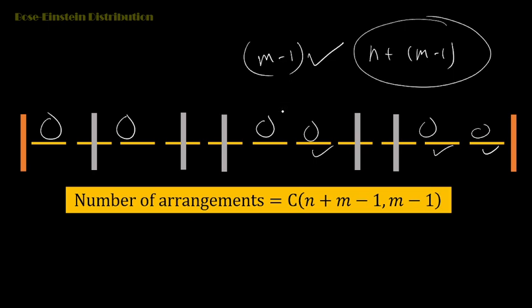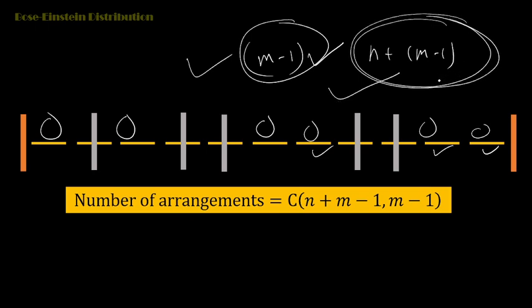So the number of different arrangements of balls in m boxes will be equal to the number of ways we can select m minus 1 places out of n plus m minus 1 places. In how many ways can we select m minus 1 places for walls out of n plus m minus 1 places?